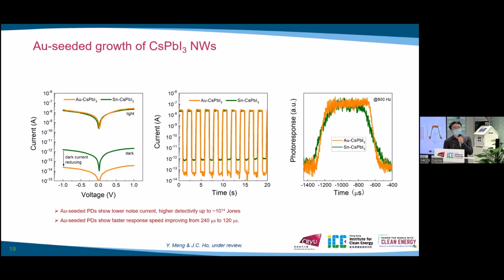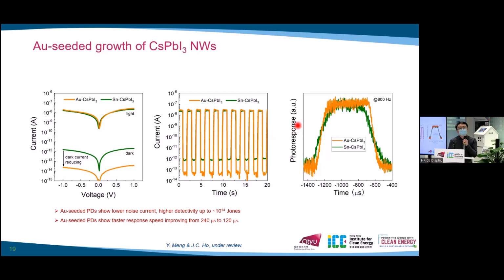We also made the photodetector based on two kinds of nanowire, and we can see the gold-seeded nanowire shows lower dark current and a high detectivity up to 10 to the power 14 Jones. It also shows reliable operation with time.